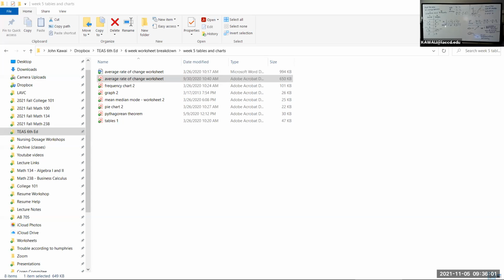Okay. So the average rate of change is just right here. So we want that worksheet right there. And then I also put it in the chat. So let me give everyone a minute to find it and look at it. And then once you find it, it will look like this on the top. Let me do a new share.